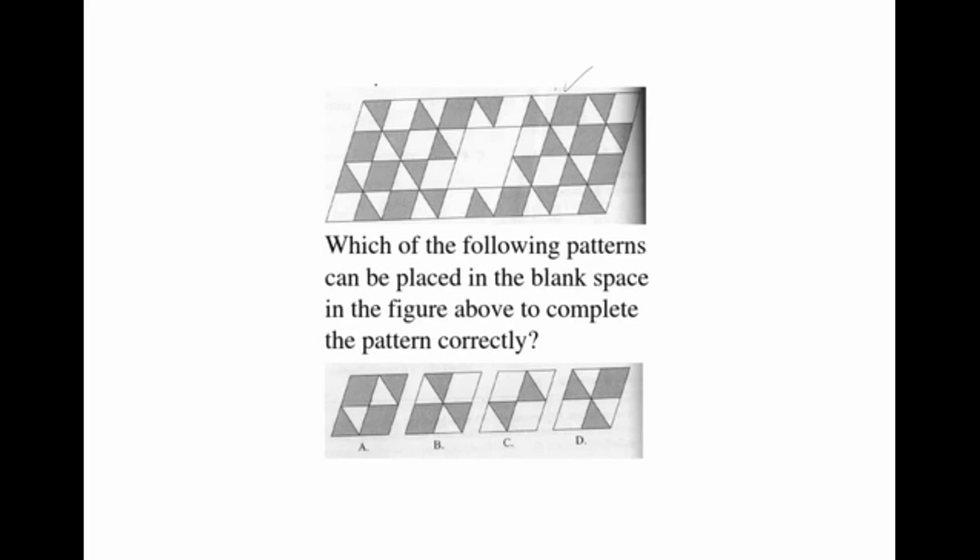When we consider the two middle rows, we see that the first row has two bars shaded, and two triangles shaded, and two triangles which are not shaded.